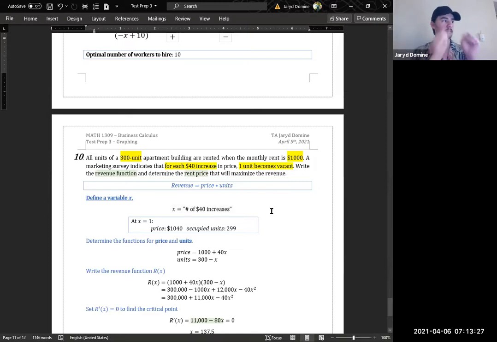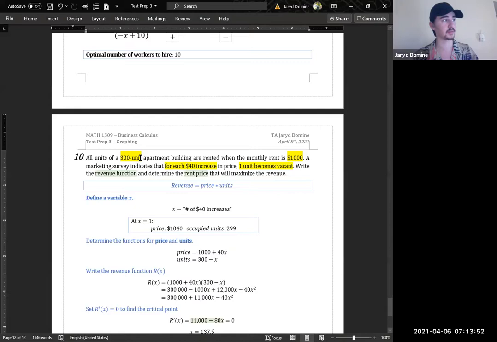Okay, so let's try and understand what the problem is saying. We have an apartment building. The rent is at $1,000. And we have 300 rooms that are occupied. So the idea that's going on here is every time we raise the price, so if we go to $1,040, one person is not going to be willing to live there anymore.